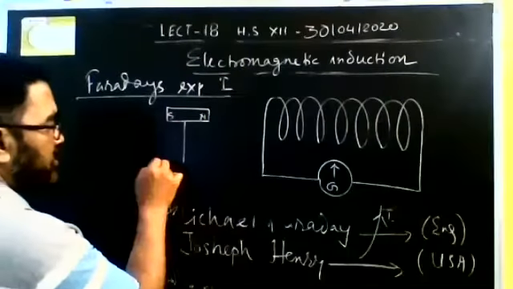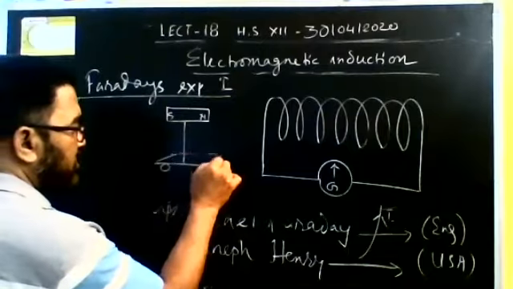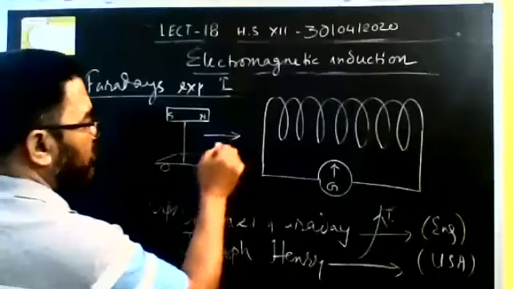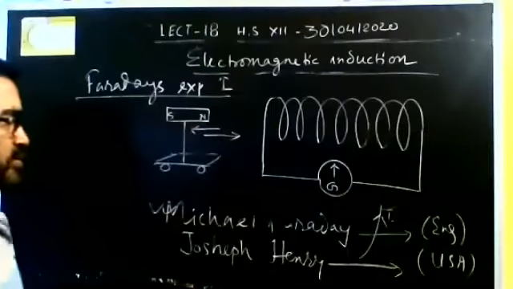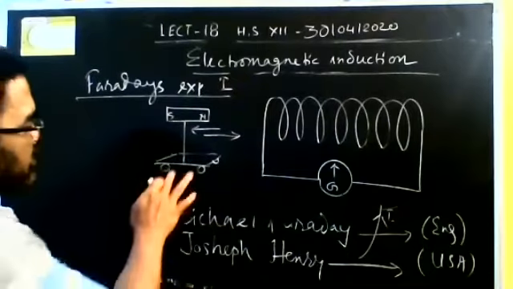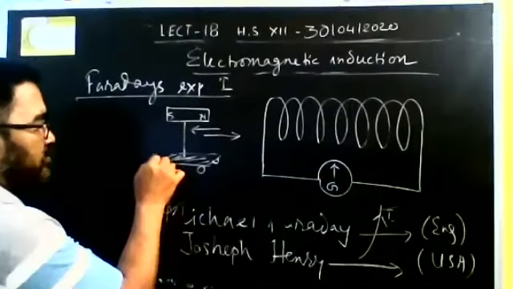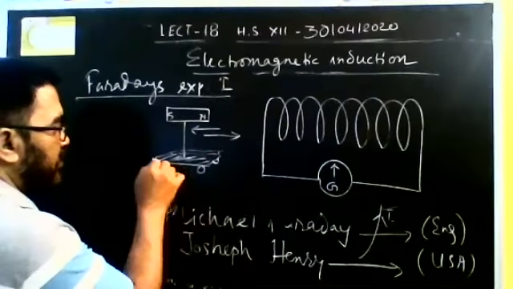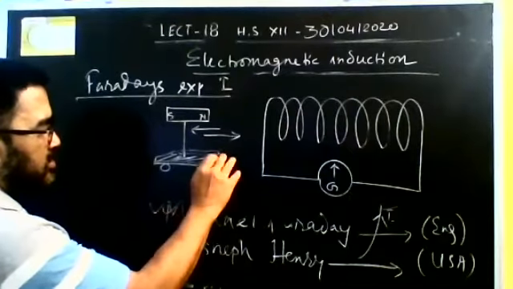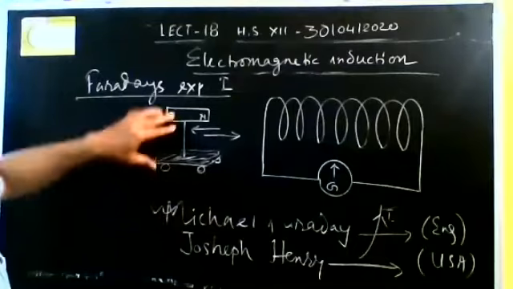The bar magnet is placed in such a way that it can be moved forward and backward.